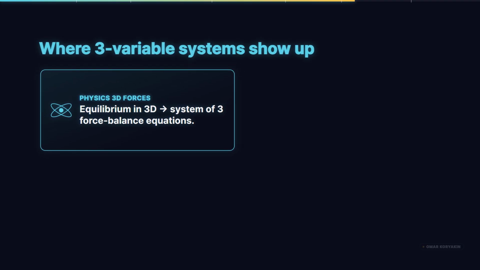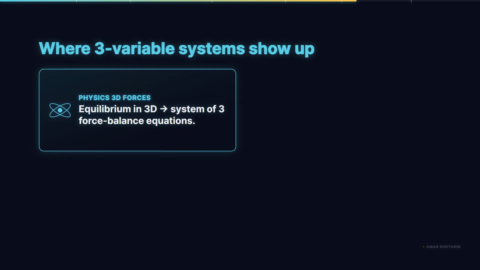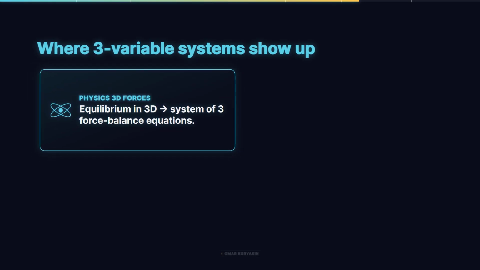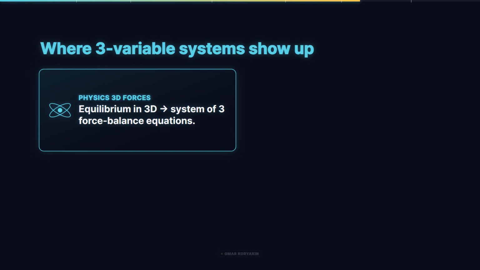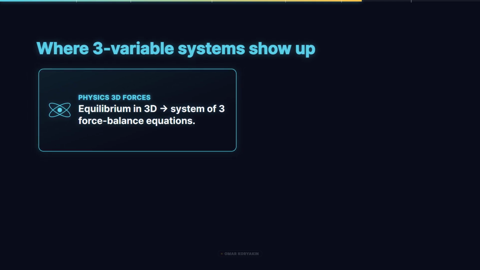Each force component contributes to the corresponding equation, and the system of 3 equations in the unknown forces or accelerations is solved using exactly the cancel-solve workflow from today. 3-dimensional statics analysis of structures, vehicles, and mechanical systems all rely on 3-variable systems.